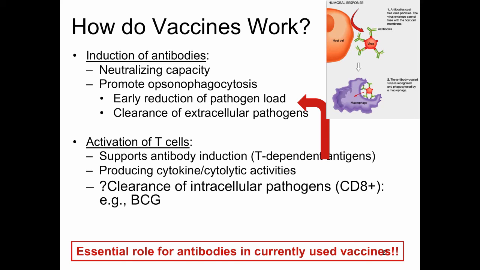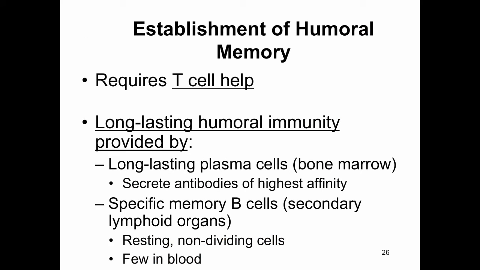We don't currently have vaccines that are very good at inducing prolonged effective T cell immune responses against intracellular pathogens that require a CD8 cytotoxic T cell response. So let's first talk about what's required to generate a protective humoral immune response. One is that it does require T cell help.